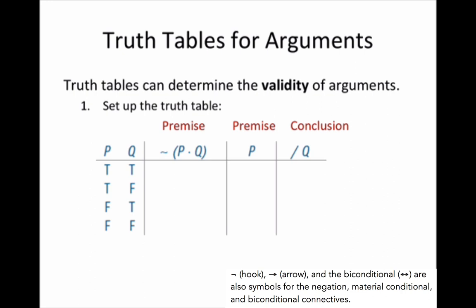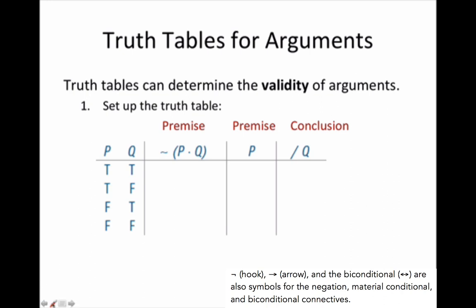You also get your referent columns to the left of the argument. So here, what we need to do is determine what the values are of, respectively, the dot and the tilde sentence. So the dot sentence is going to come out true on row 1 and false on the remaining rows. And then that set of values is flipped because they're negated.